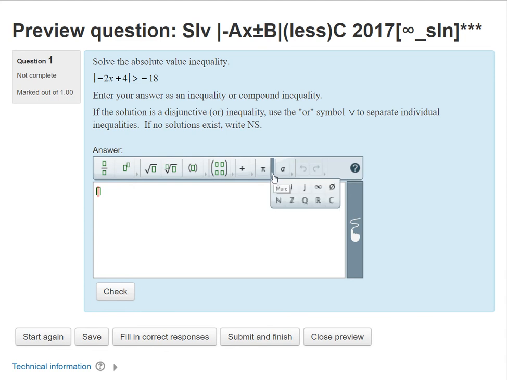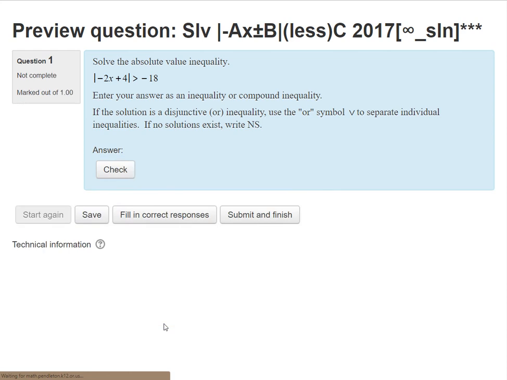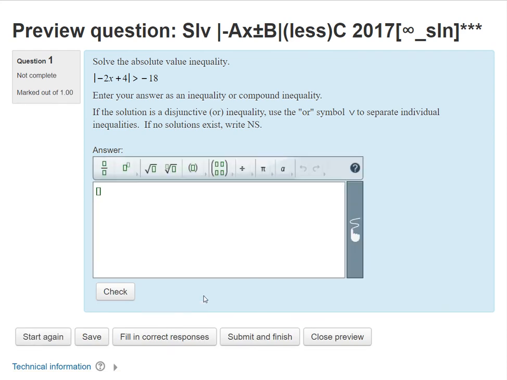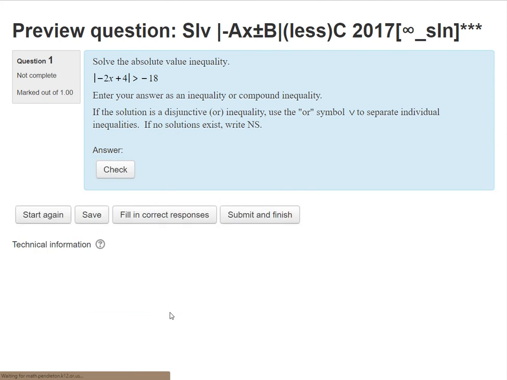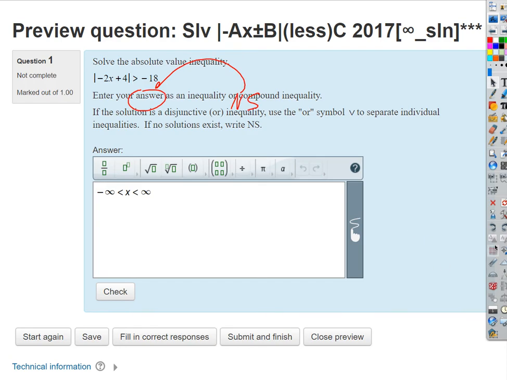Try one more. No, it doesn't let you do it. Okay, so you have to do it this way. I'll take a picture so you guys can see that. So if the answer is infinite solutions, if any value of x works, we have to use the way that we talked about last unit. Okay, we got it. We got to do it this way.